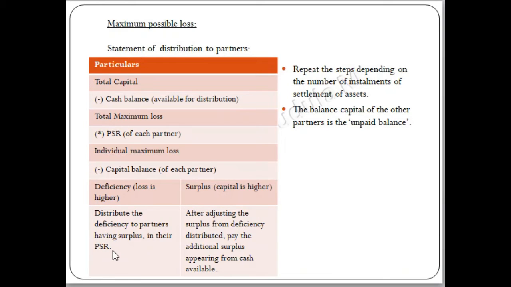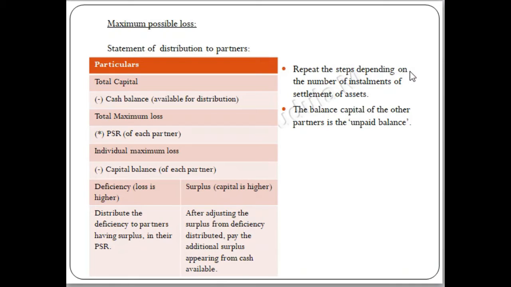After distributing the deficiency amount to the partners having a surplus amount, subtract the surplus from the deficiency amount and then you would arrive at an additional surplus amount. So the partner having the additional surplus amount is being paid off from the cash that is available. The other partners would not be paid off any balance at all.